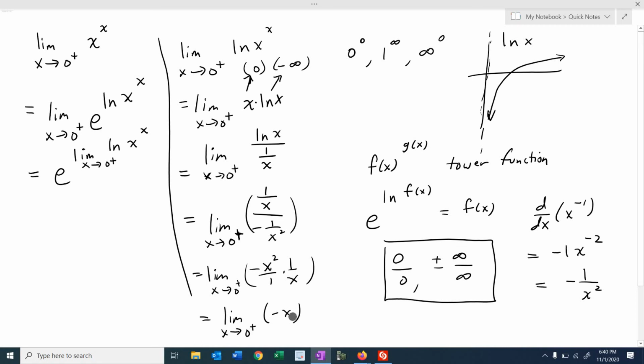It's pretty clear now that this is heading towards 0, right? X is heading towards 0, so negative x is heading towards 0. All right, now we know what this limit is, right? We figured out this particular limit right here on the side. This is heading towards 0, and that means this is heading towards e to the 0 power. And e to the 0 power is just equal to 1.